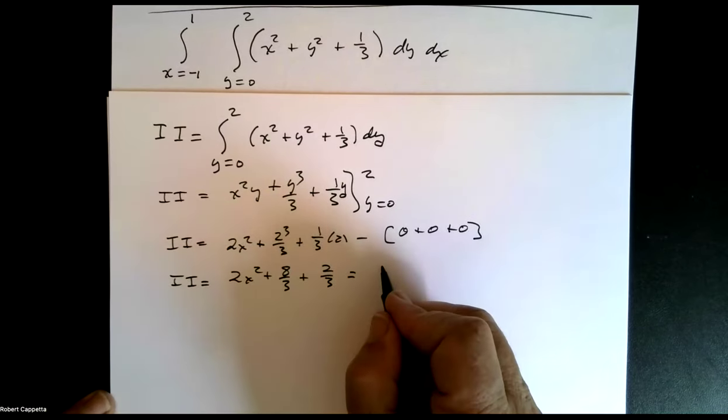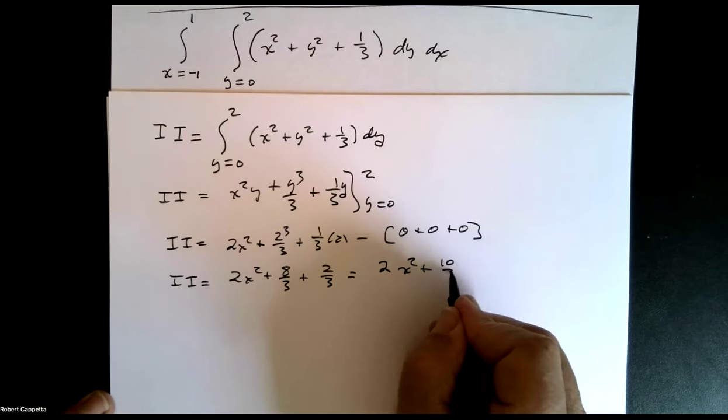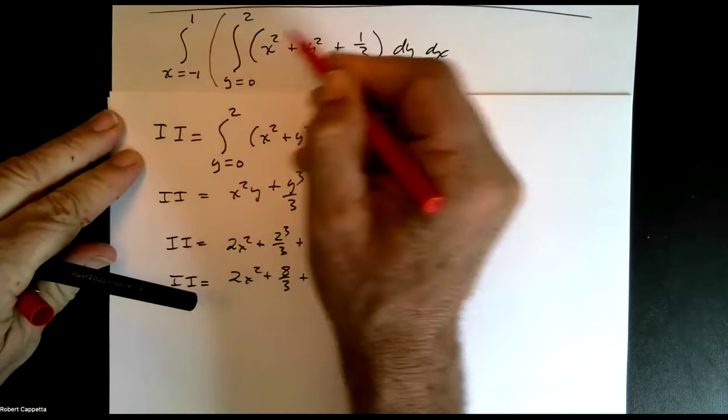So we get 2x squared plus 10/3. And then where does this go? Remember, this was the inner integral from here.